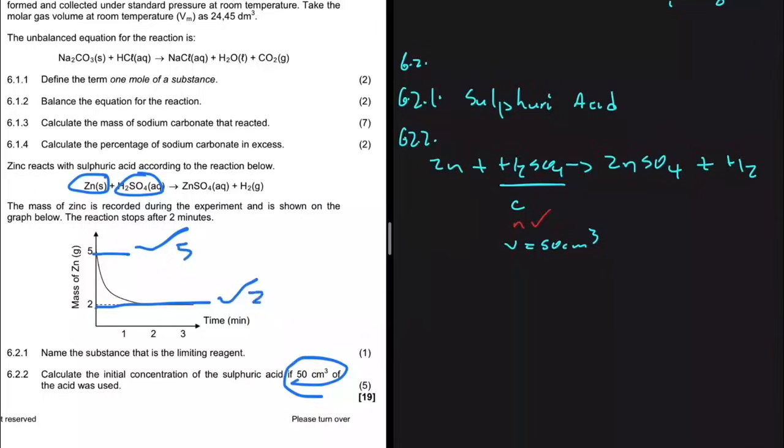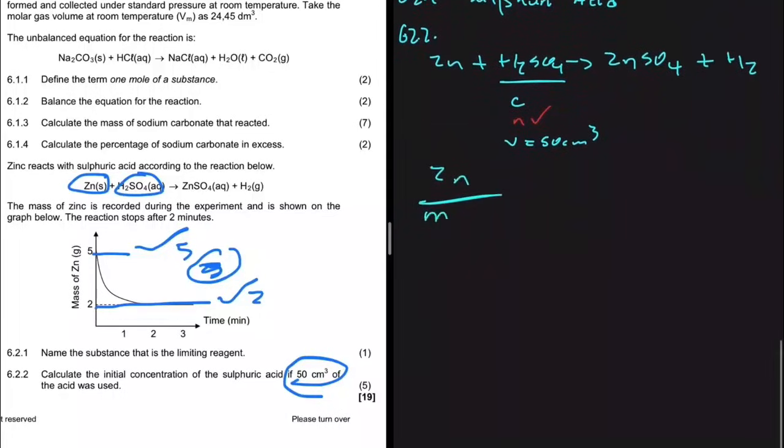It should be clear to see that 3 grams of zinc reacted. So with regards to zinc, we know that the mass that reacted is 3 grams. From the mass, we can find the number of moles of zinc that reacted, and from the number of moles of zinc that reacted, we can use the mole ratio to find the number of moles of H2SO4.